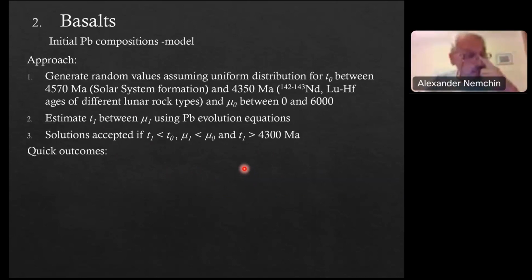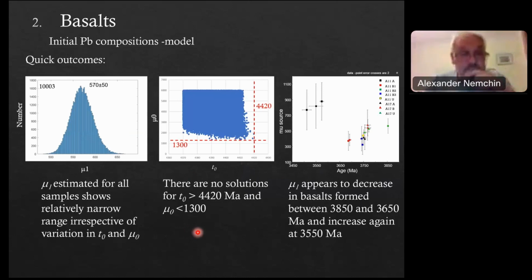When we do that, the first observation we can make is that all mu's for all our sources have a surprisingly narrow range, irrespective of what we use for the time of formation of the moon or the mu of the lunar magma ocean.